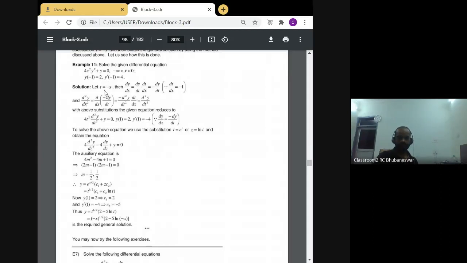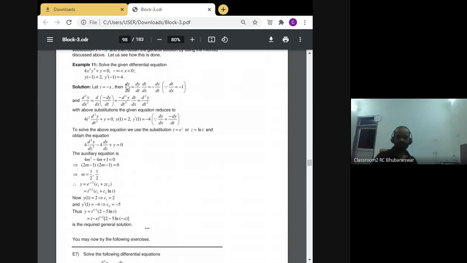Now we are substituting. Clearly this differential equation is not exactly in the form of an Euler-Cauchy differential equation, but we can substitute to convert this type of equation into constant coefficient form. Our method is to convert the differential equation by substituting a new variable. We have taken t equals minus x.